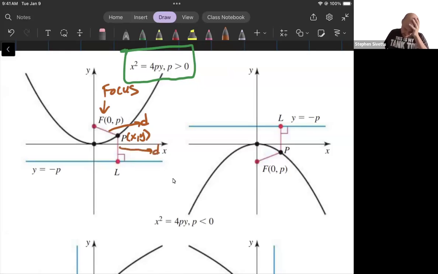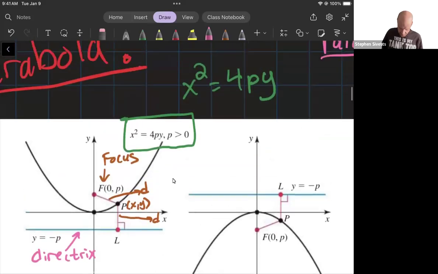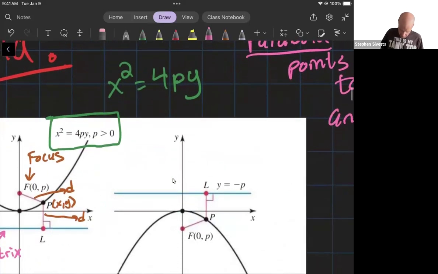This is the distance between the point on the parabola and the directrix. So this line right here is what's called the directrix.